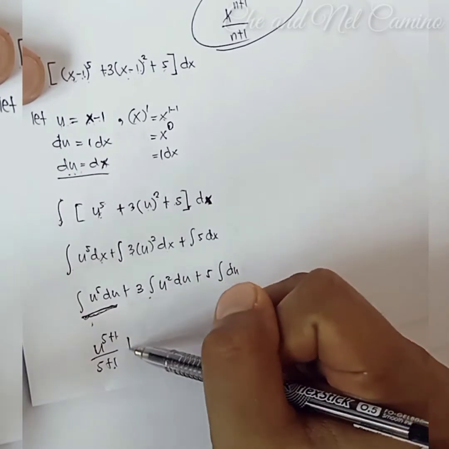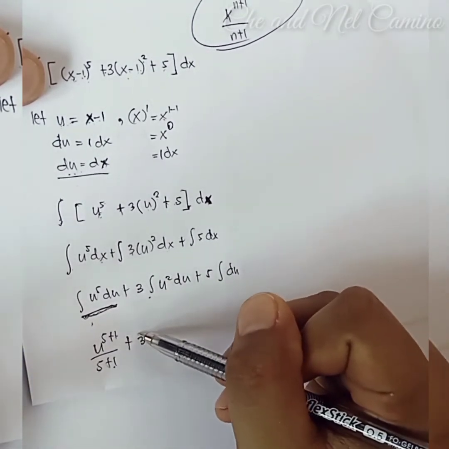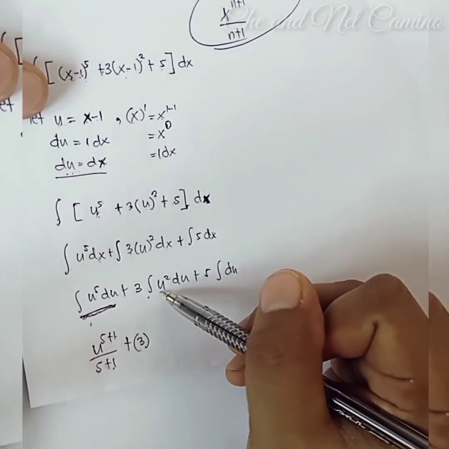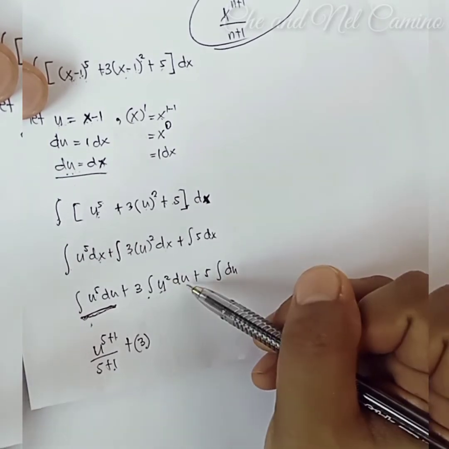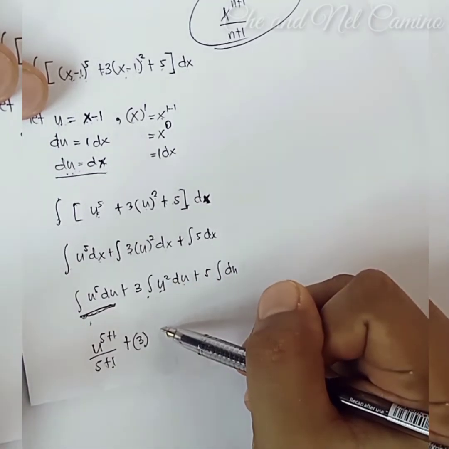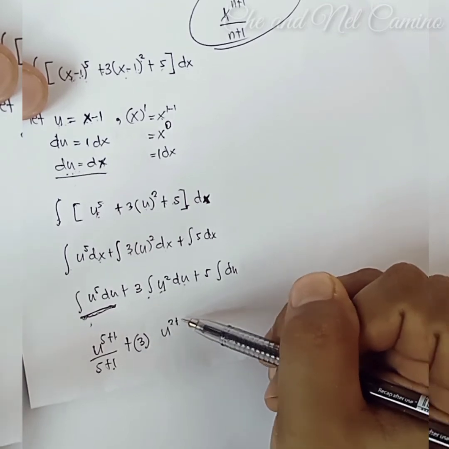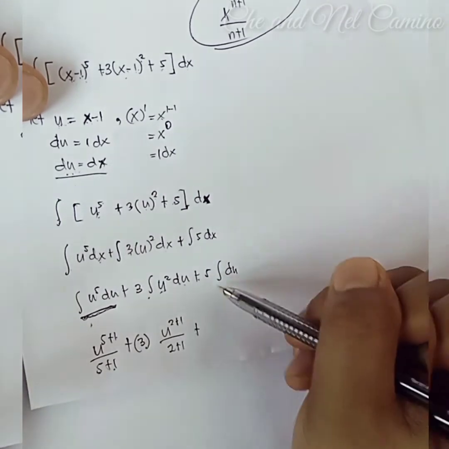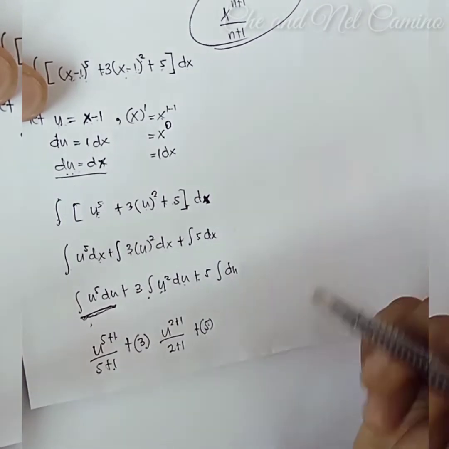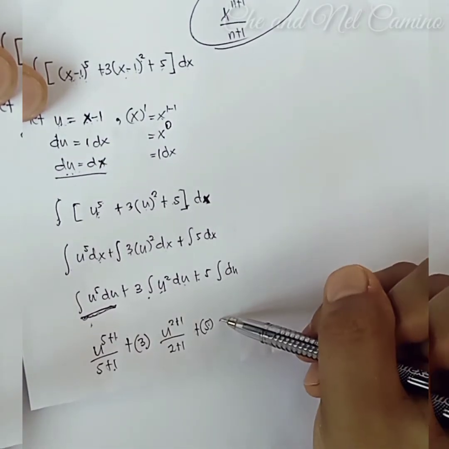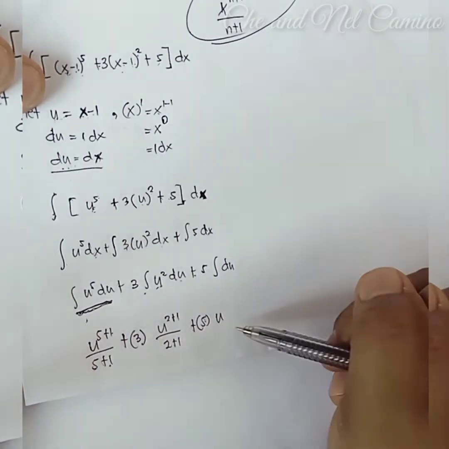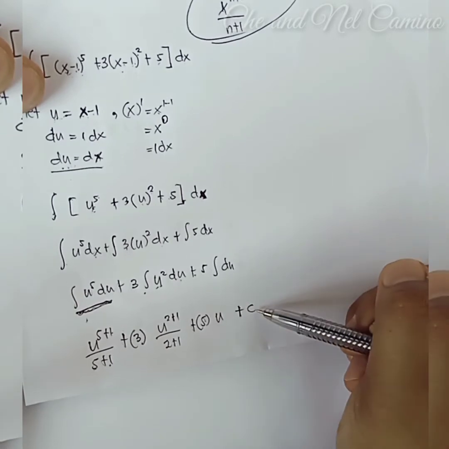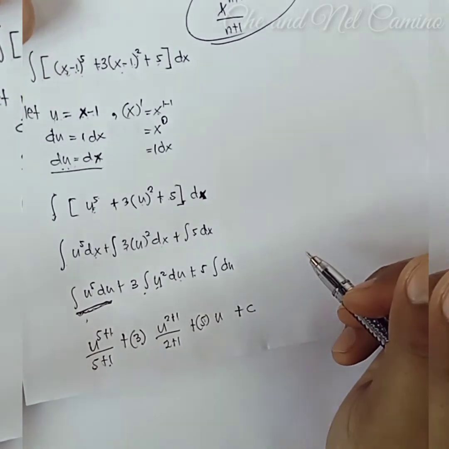The second term is plus 3, and let's close this 3 to avoid confusion. The integral of u to the power of 2 du is equal to, again using the general power formula, u to the power of 2 plus 1 all over 2 plus 1. The third term is plus 5, and the integral of du is u. Since we have integrated the terms, we add plus c. C is called the constant of integration.